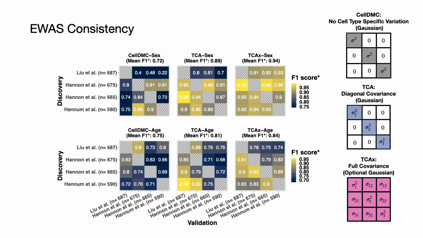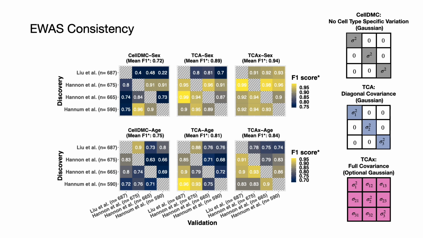And on the left panels, we have on the rows the two major phenotypes we investigated, sex and age, and on the columns, three different methods we investigated. Since we don't know the ground truth cell type specific EWAS hits, we report a consistency score here. Intuitively, this metric tells you how well you can expect your EWAS hits to be replicated in an independent dataset. For each figure, we first run EWAS on the discovery dataset listed in the rows.